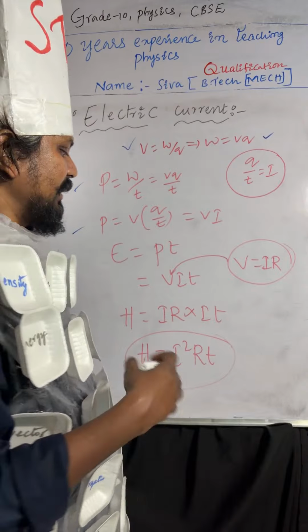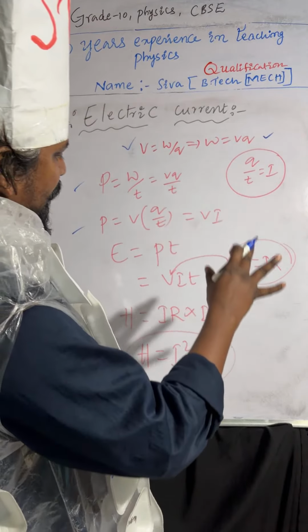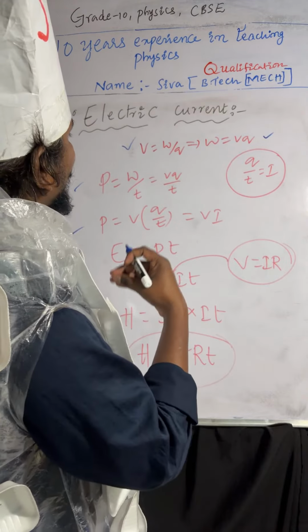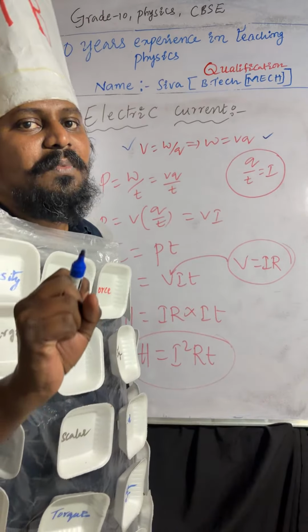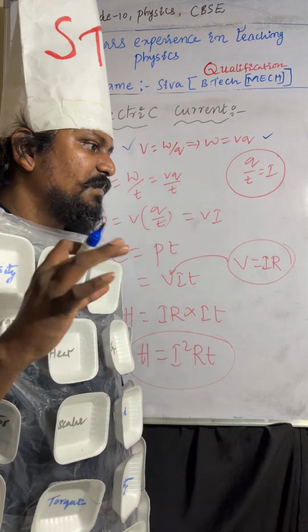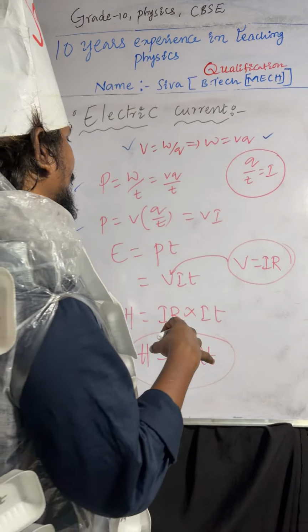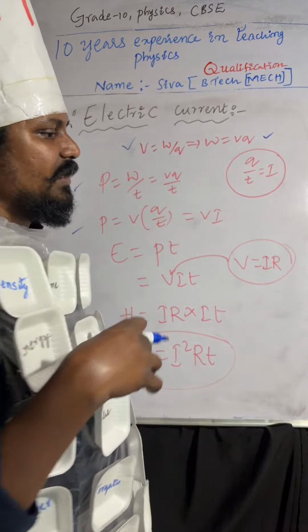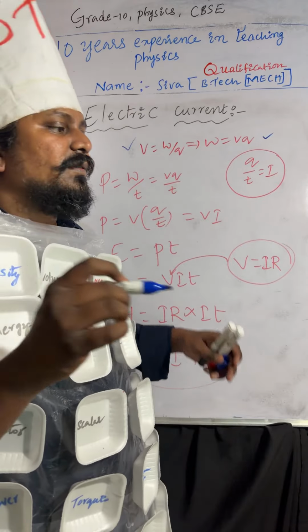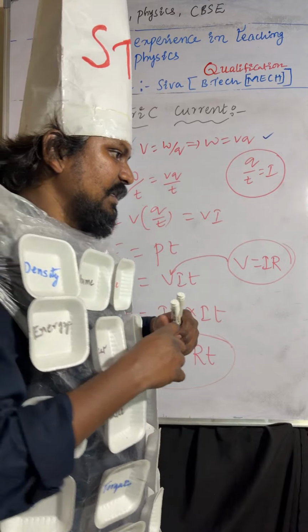Any line. Among these formulas, any one formula they can take and give a problem. That much important it is. Each and every line is very important. Each and every line gives one problem, one statement. Understood? So that's enough.